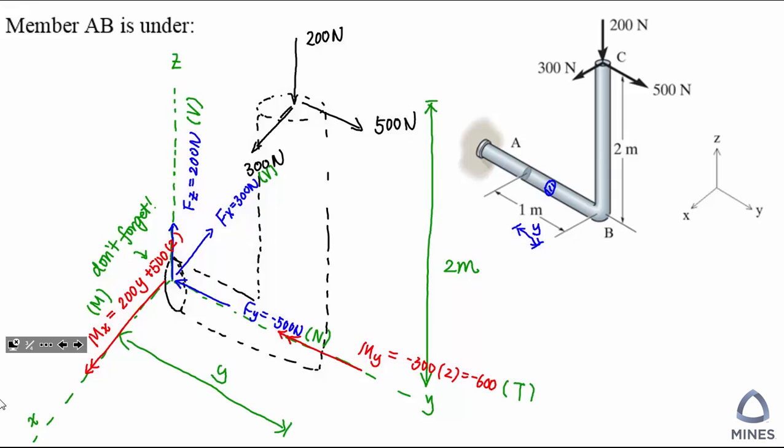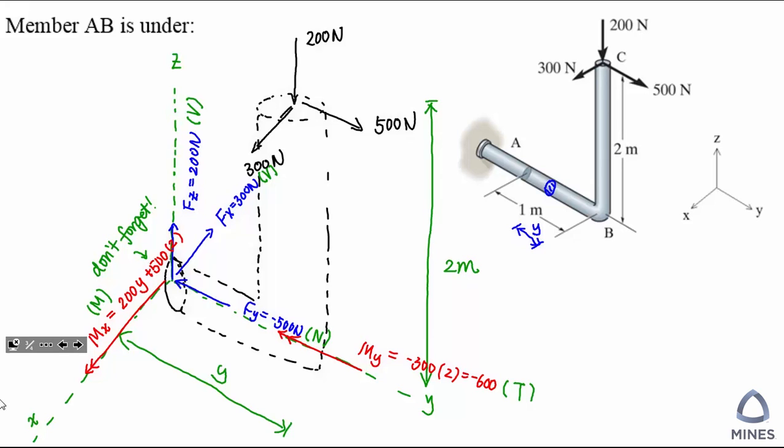Are we done? No, we still have one more dimension we haven't used yet, which is the 300 times the y. So if we use the force and curl your hand, you can see 300 across the y dimension, we are going to create the moment around the z-axis.